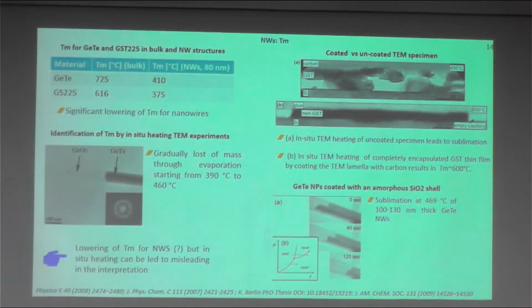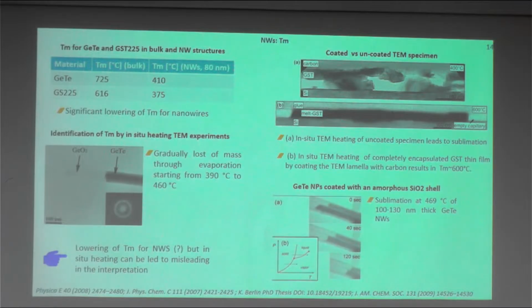So now let us look at some properties of such nanowires, like melting temperature. First, melting temperature. The melting temperature of germanium telluride and GST-225 is 725 degrees C for germanium telluride and around 616 for GST-225.